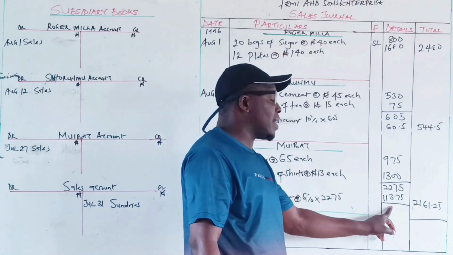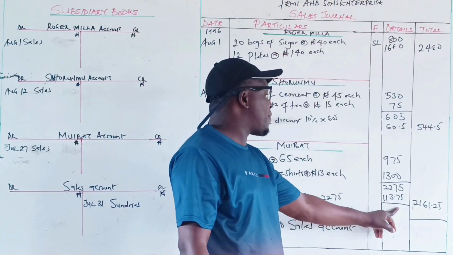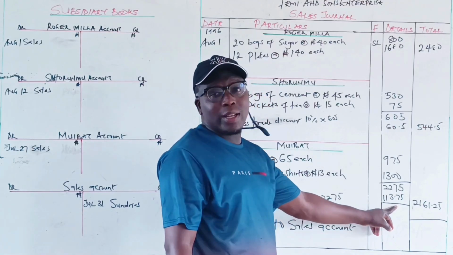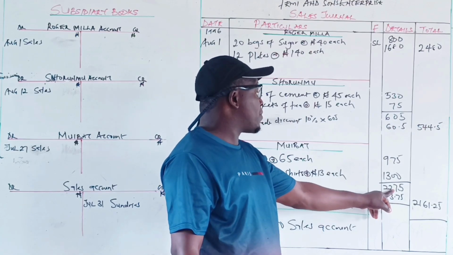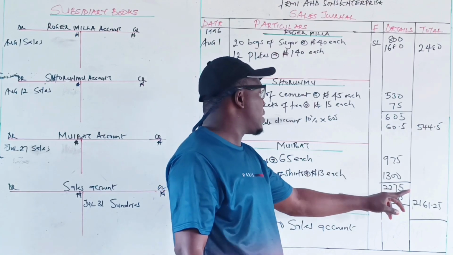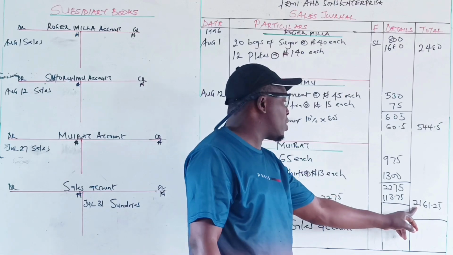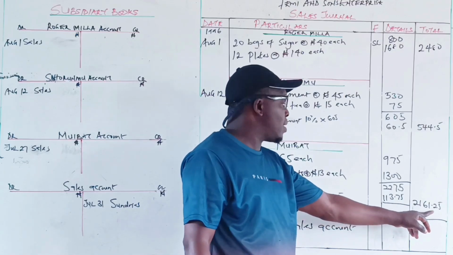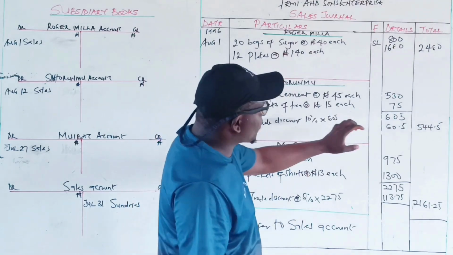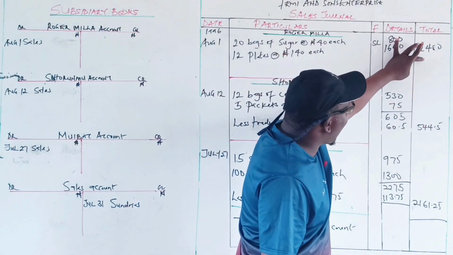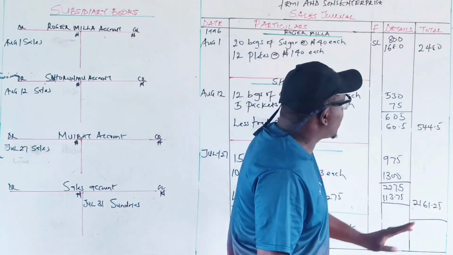We have 113 naira 75 kobo. So we take away this trade discount from the total amount from the sales we make. So we have 2,161 naira 25 kobo.